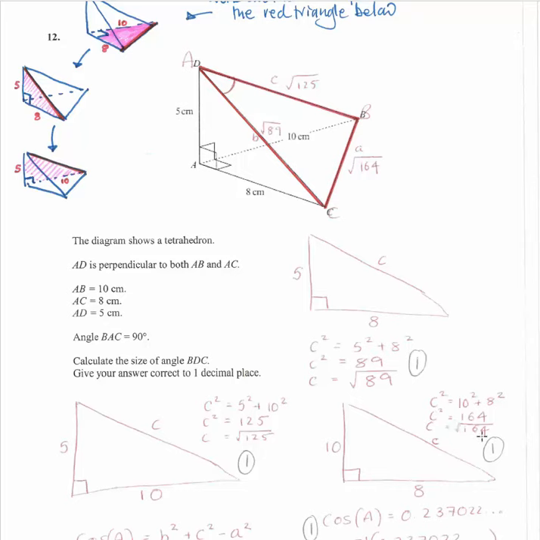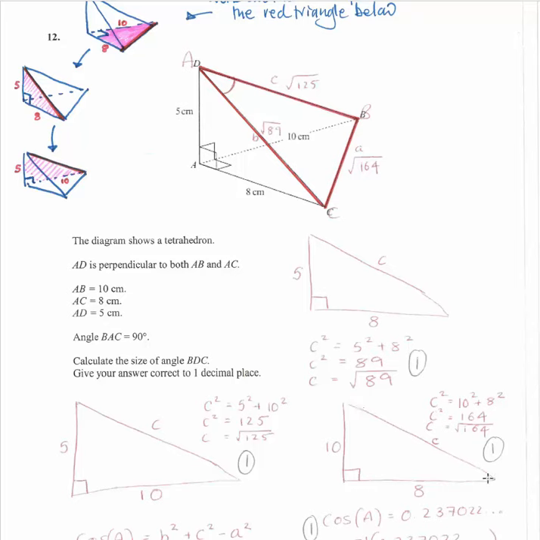Now you could work that out as an actual number, and that would be fine, but it's a lot of numbers to write down really accurately. So often the square root of 164 is better than writing down a long decimal number. So this face here, if we saw it in 2D, would look like this. Here's your 10 and here's your 8, and this is the side here that we're trying to work out.